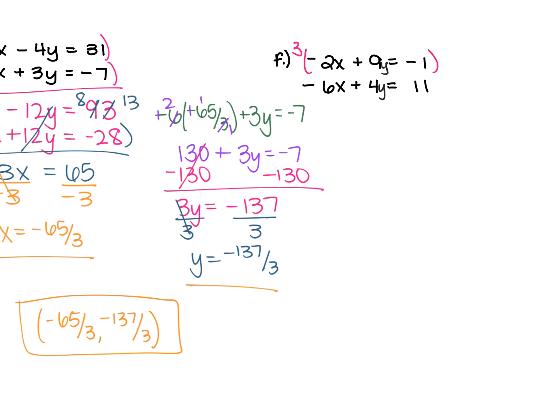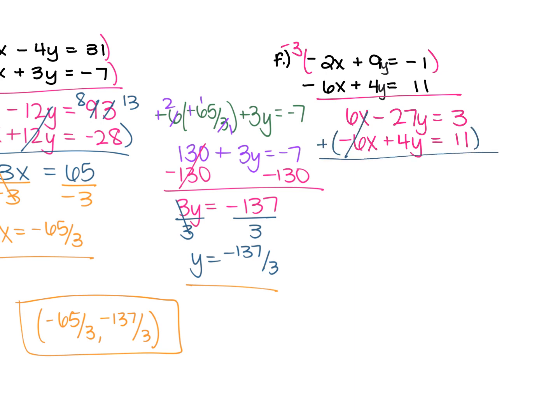However, both of your signs are the same, so make that a -3 that you're multiplying by. That's going to give you a positive 6x minus 27y is equal to 3, and -6x plus 4y is equal to 11. Add both of your equations to combine like terms.